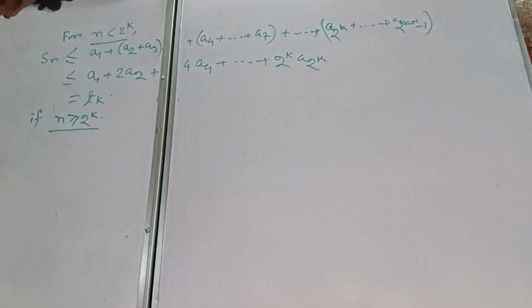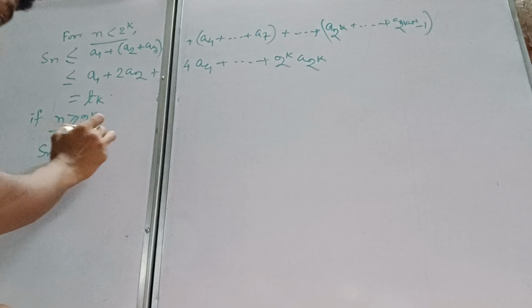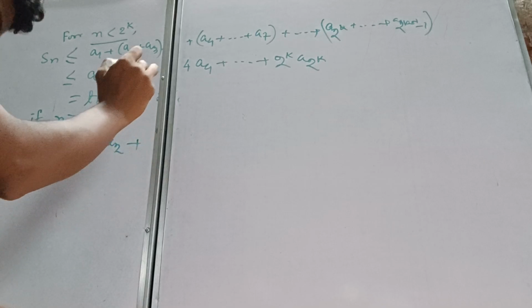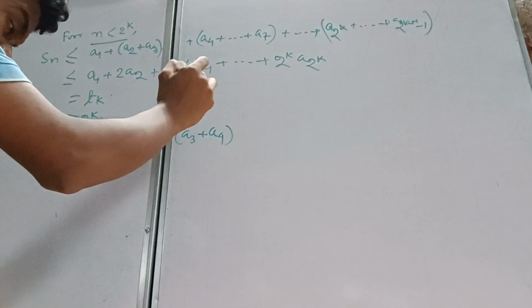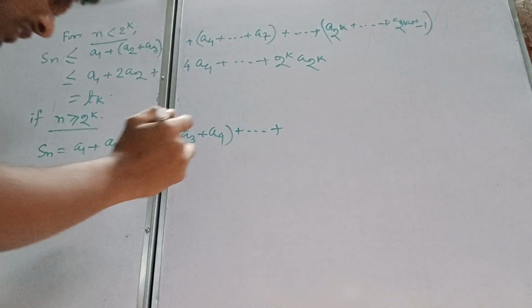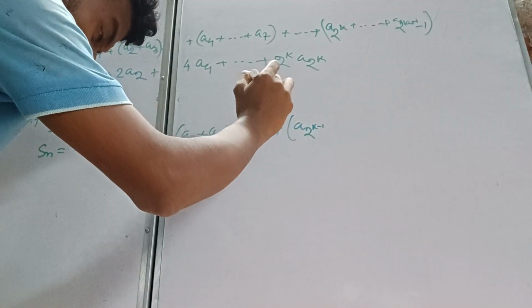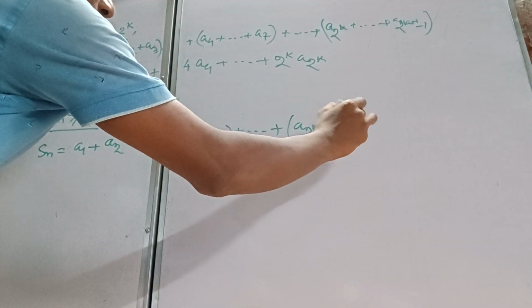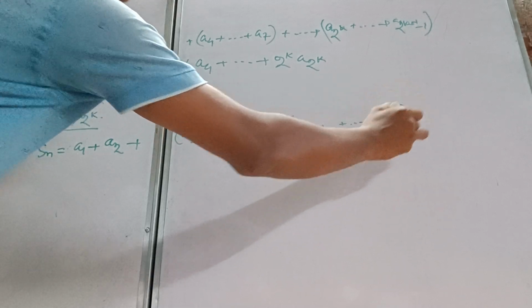Here Sn equals a1 plus a2 plus a3 plus a4 dot dot dot plus a_(2^(k-1)+1) dot dot dot plus a_(2^k).